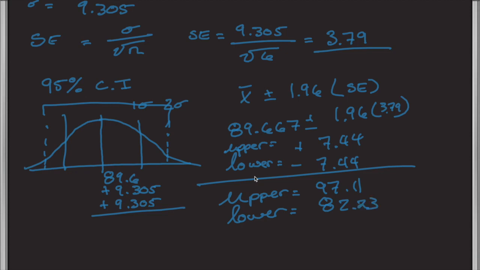So for the distribution of the LDL values of these vegans, we know that 95% of our observations, so the area shaded here in red, falls between a maximum value of 97.1 and a minimum value of 82.3.